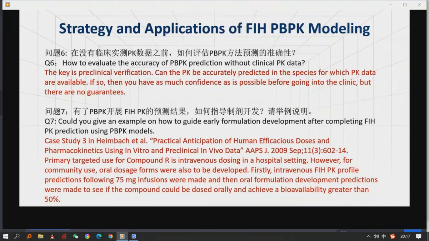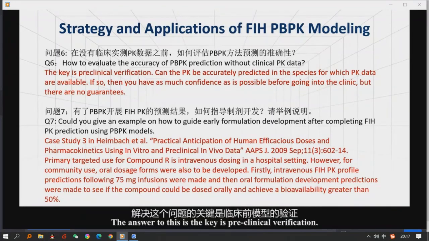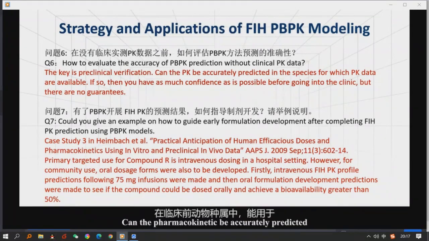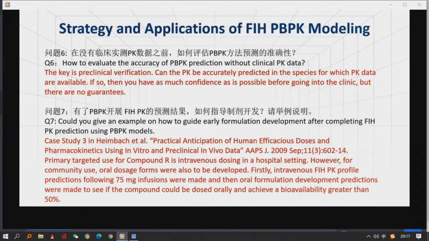Question number 6. How do we evaluate the accuracy of a PBPK prediction without clinical PK data? So the answer to this is, the key is preclinical verification. Can the pharmacokinetics be accurately predicted in the animal species for which PK data are available?